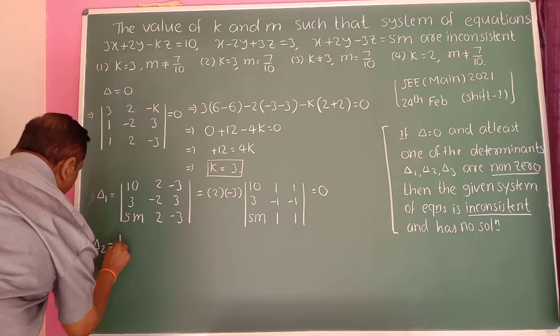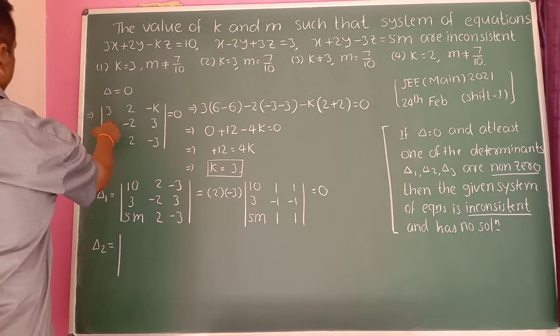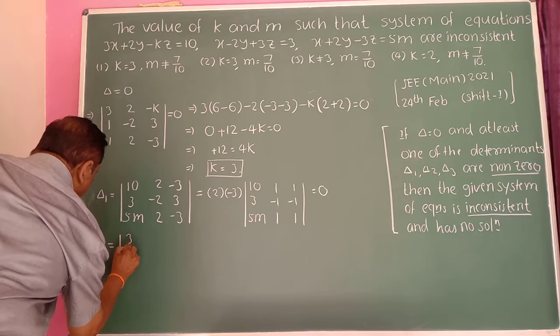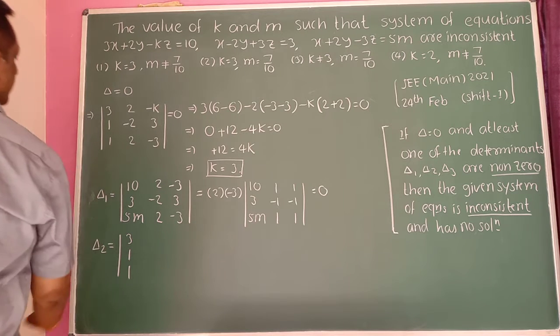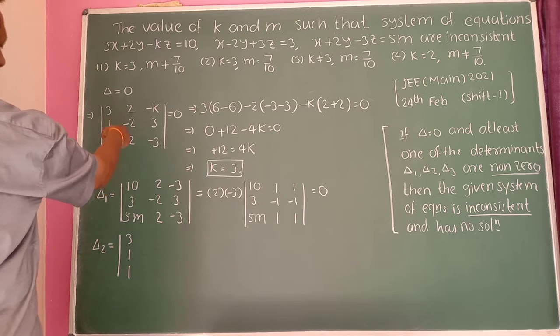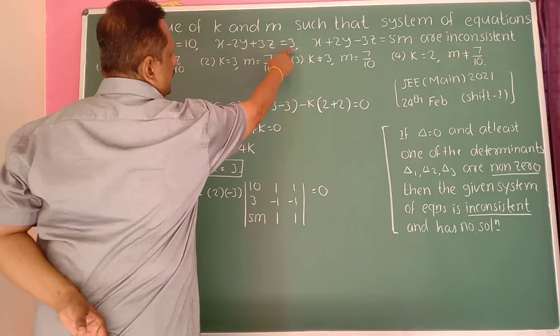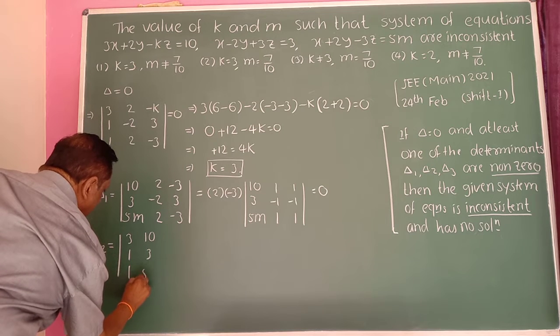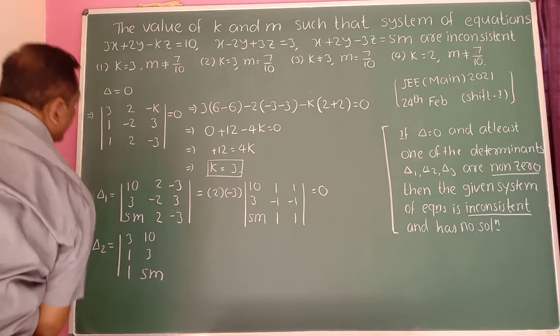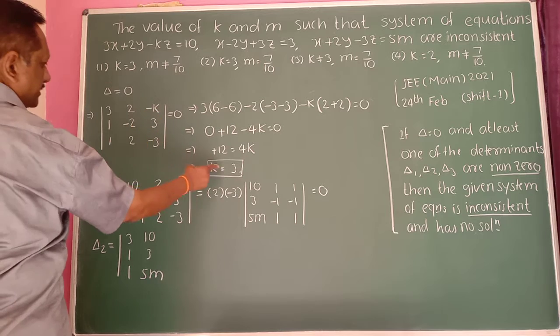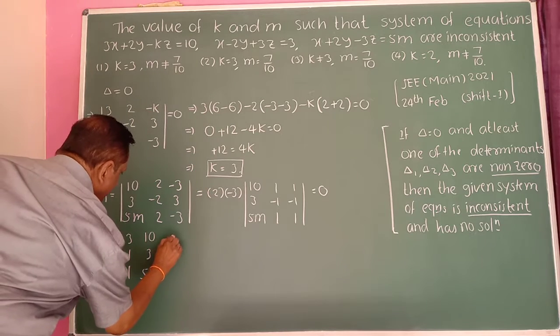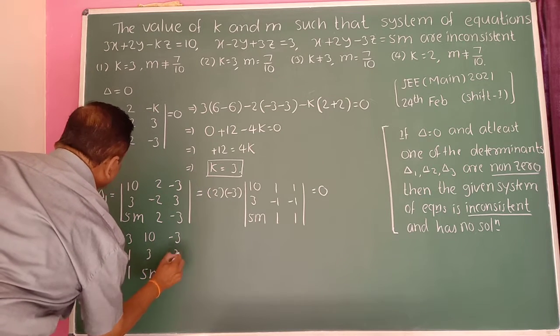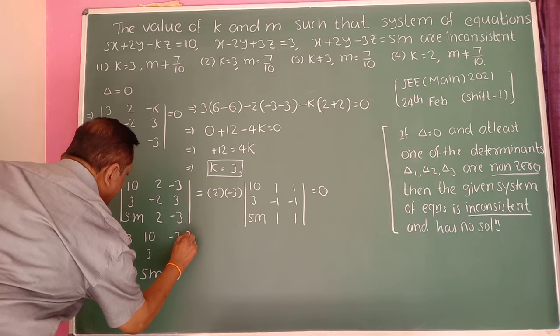Next, delta 2. Delta 2 is equal to the determinant in which we keep the first column 3, 1, 1 as it is, replace the second column by 10, 3 and 5m, and the third column, with k value 3, is minus 3, minus 3, minus 3.